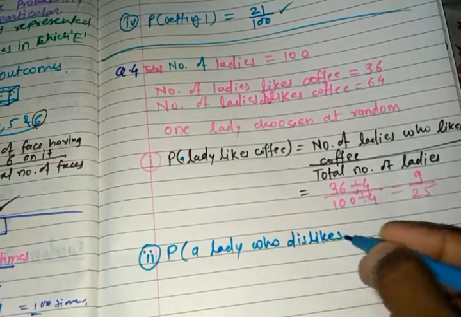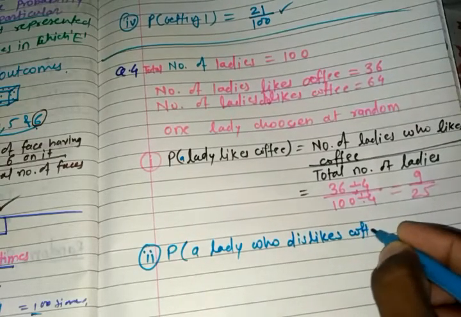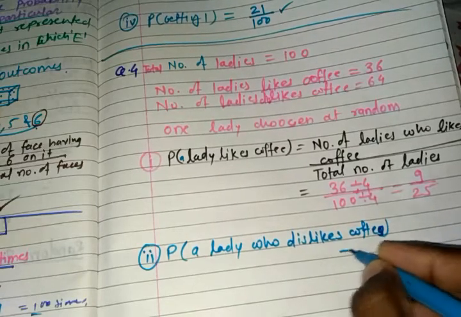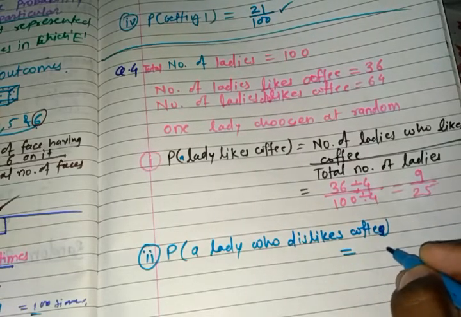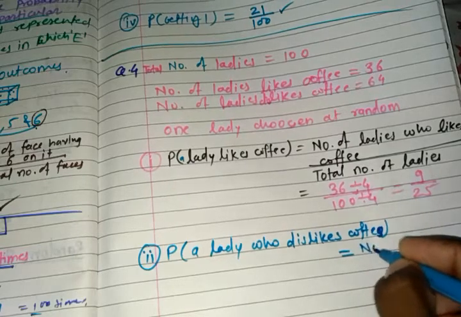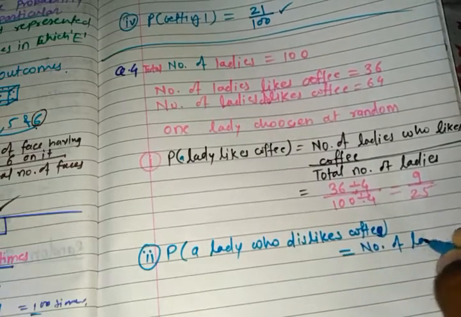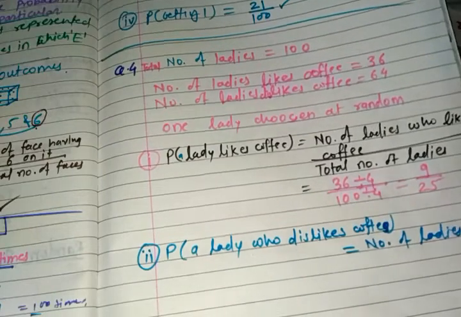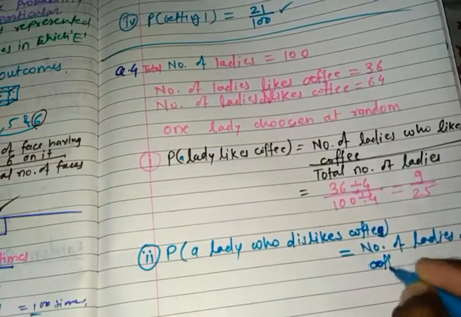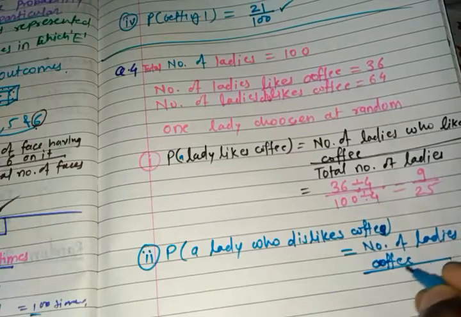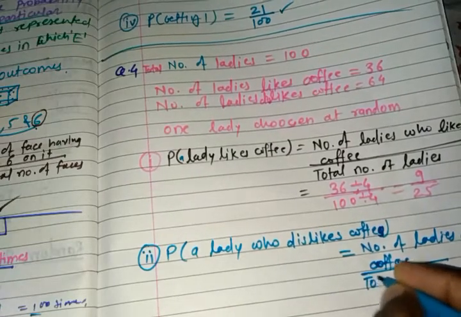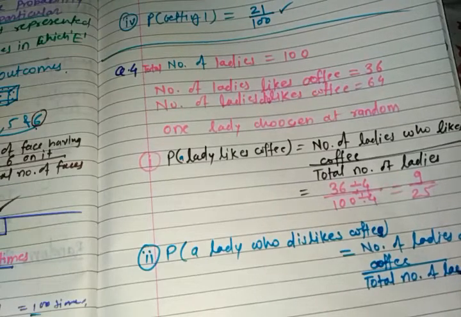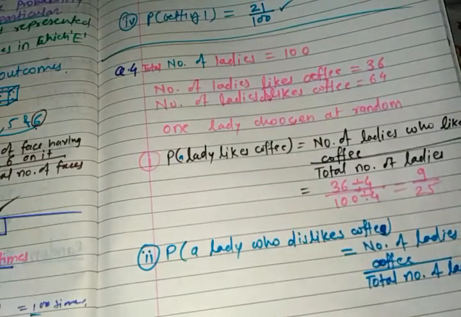That number we also have. We will write the number of ladies who dislike coffee out of the total number of ladies.